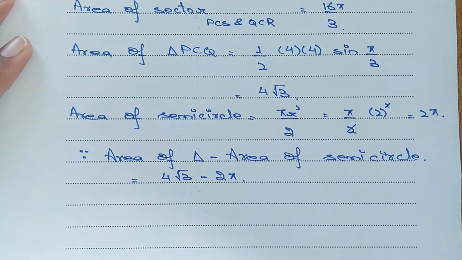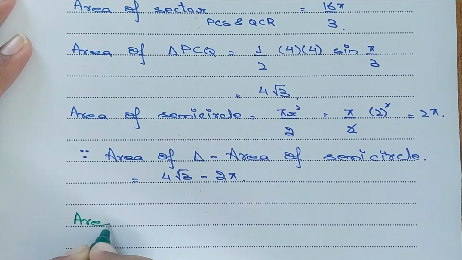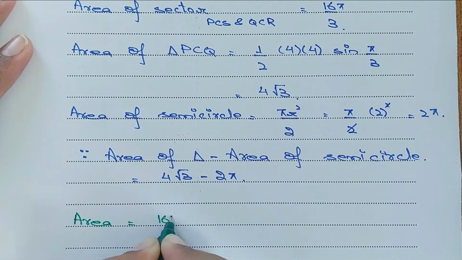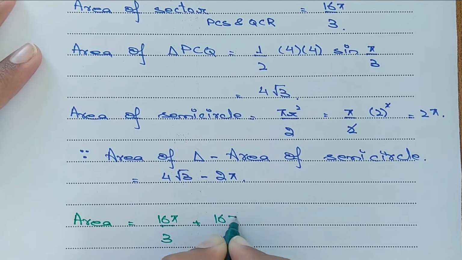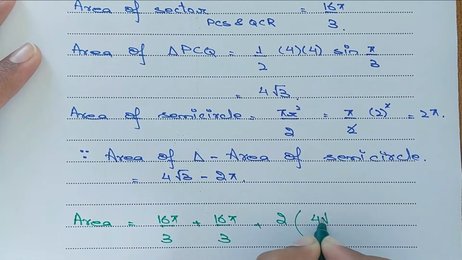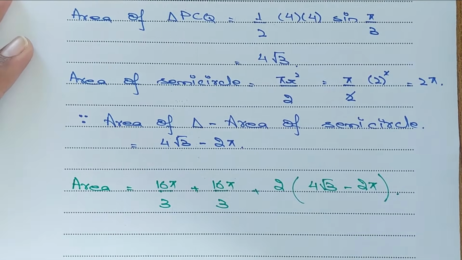So we can find the exact area. So we can say that area would be equals to 16 pi by 3, the first sector, plus 16 pi by 3, the second sector, plus 2 times of 4 square root of 3 minus 2 pi. I hope this is clear now.